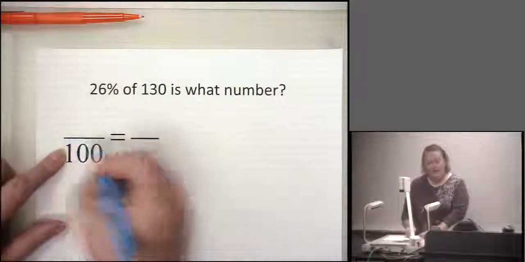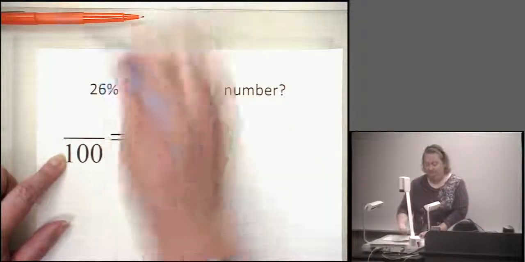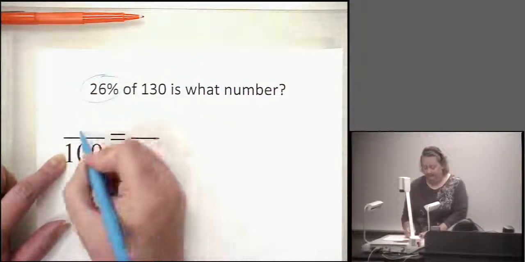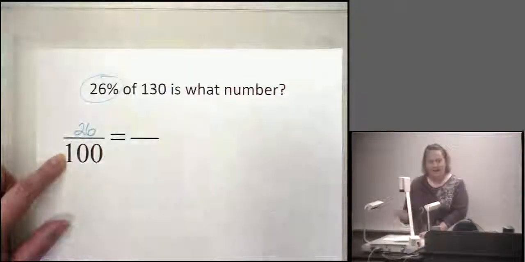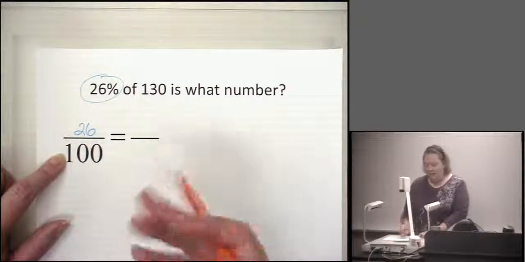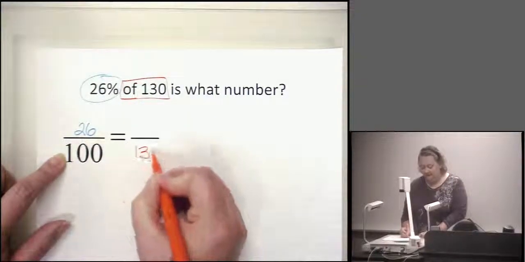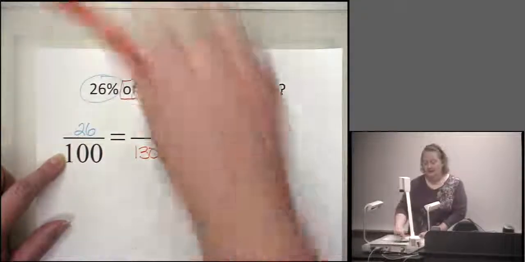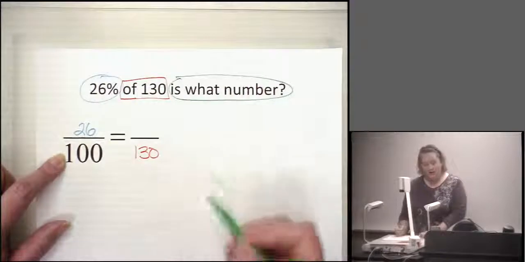Then I write over 100, and then I find my percentage. Then I'm looking for my total. What's my total? Well, it's of 130. Then I'm looking for my part. Is what number?